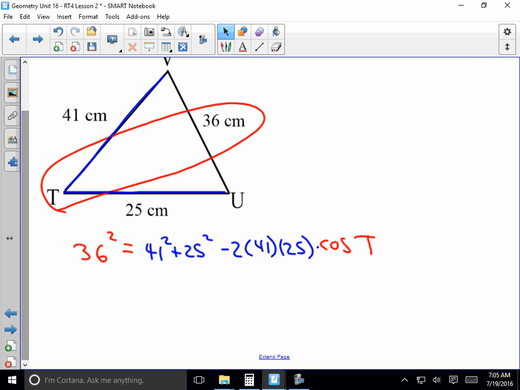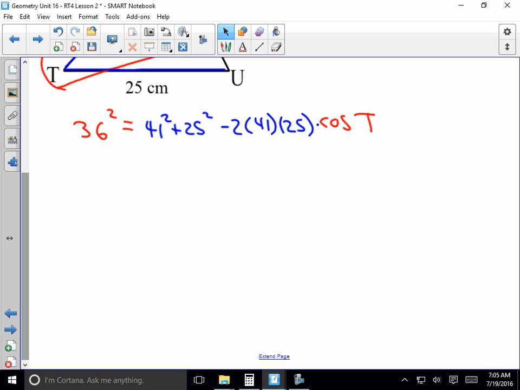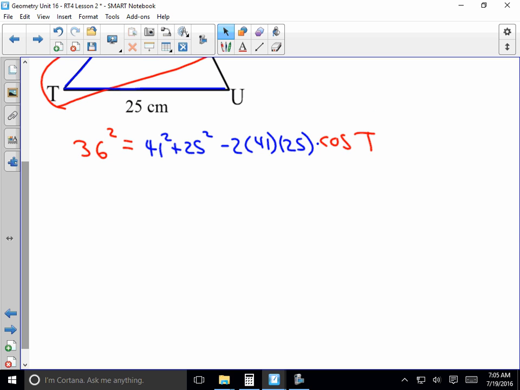Now in this one, like I've done before, I'm going to move through in a little bit faster fashion. So if we have 36 squared minus 41 squared minus 25 squared, I get negative 1,010 on the left-hand side.